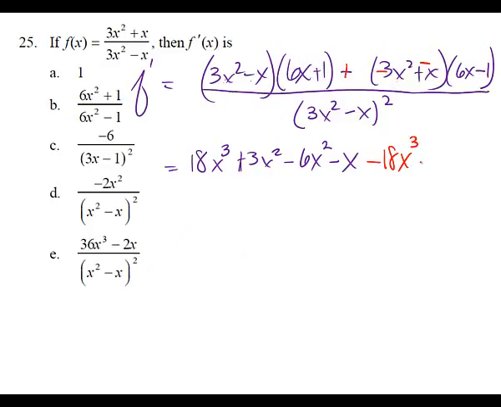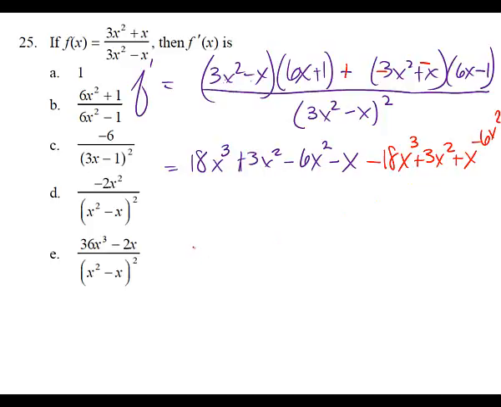Negative 3x squared times negative 1 is? Good. Negative x times negative 1 is? Positive x. I did the last instead of the middle, didn't I? Sorry. Negative x times 6x is?